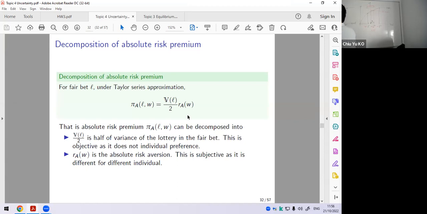And what this says is that this premium can be decomposed in two parts. The first part is to look at the variance. If this is more separated, you can easily imagine what happens to this guy, more separated, and this will be larger. Okay, I think you can see.